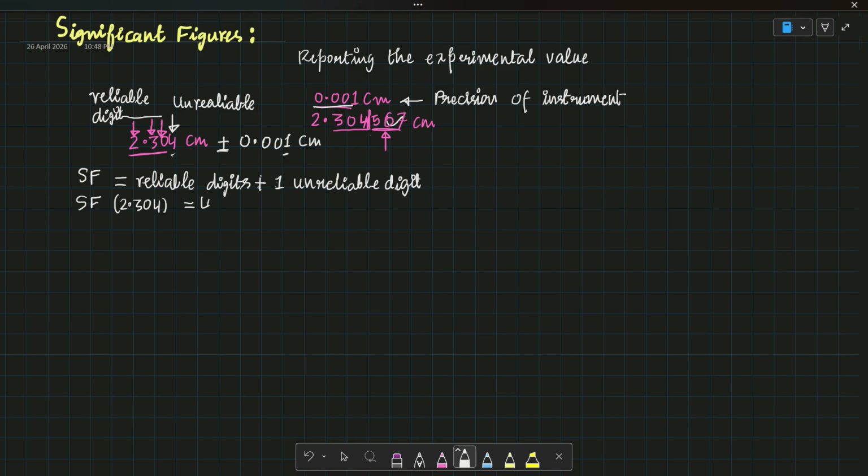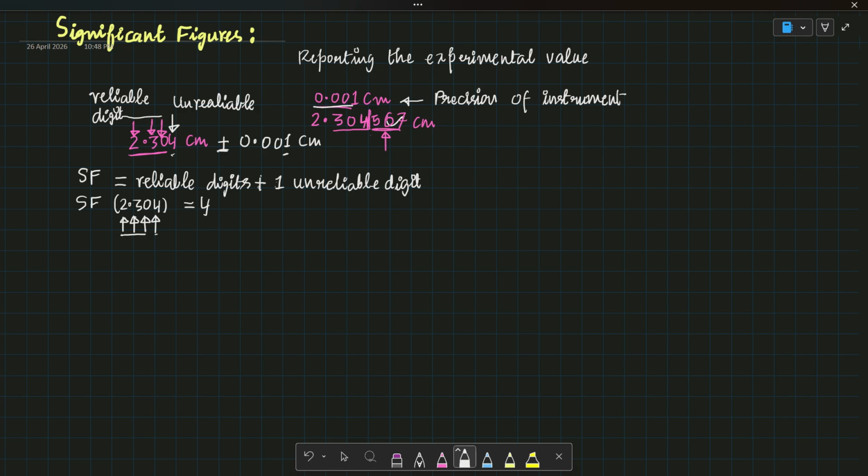We just count the numbers. This is reliable, this is reliable, this is reliable, and this is unreliable. So 3 reliable plus 1 unreliable digit, and that's why the significant figures for this number is 4.